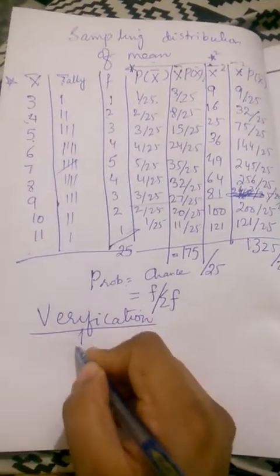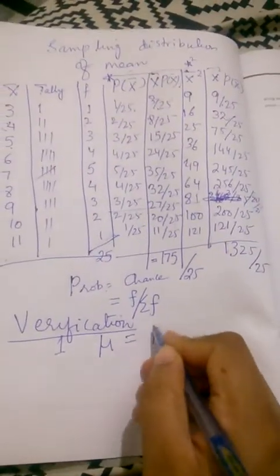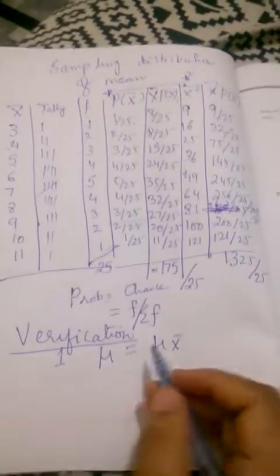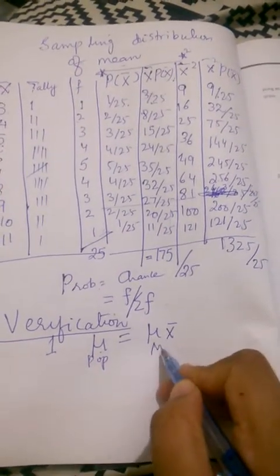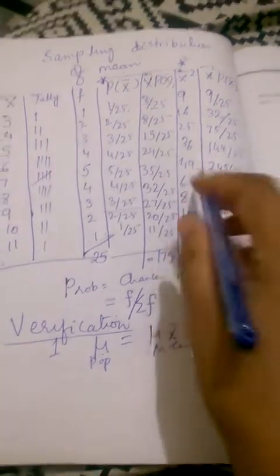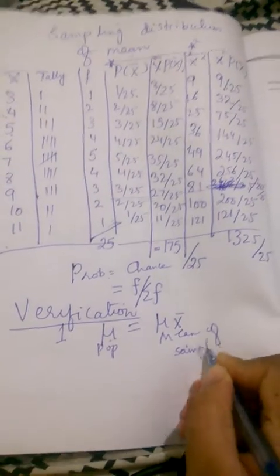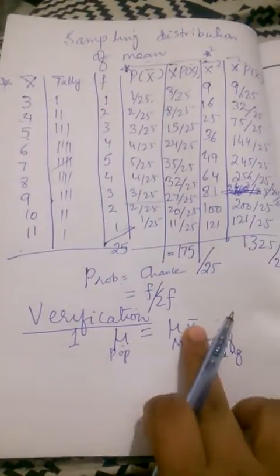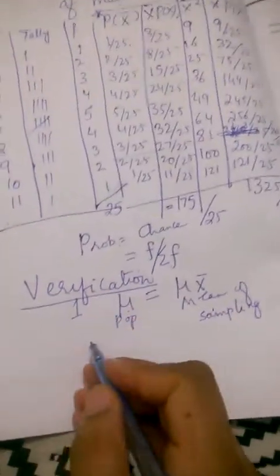So verification 1 for sampling with replacement is mu of x bar is equal to mu. Now mu is the population mean and mu of x bar is the mean of this table, of the sampling distribution. जो हम इस टेबल से मीन निकालेंगे that will be equal to mu of x bar, and mu was the population mean which we had found in our previous step.